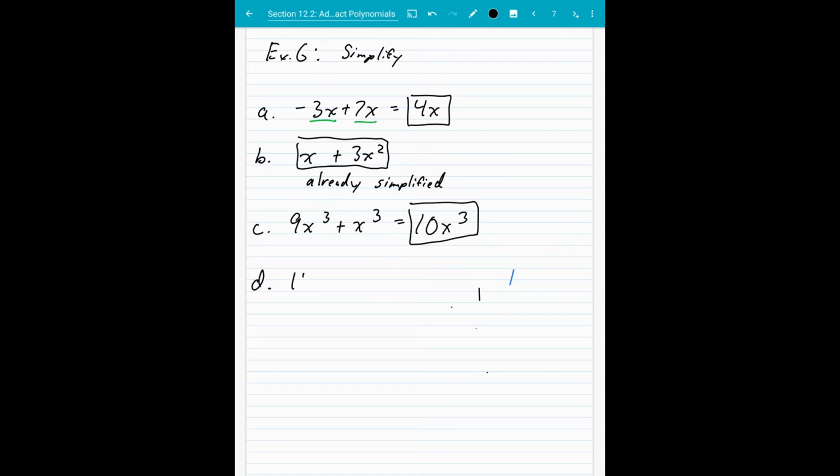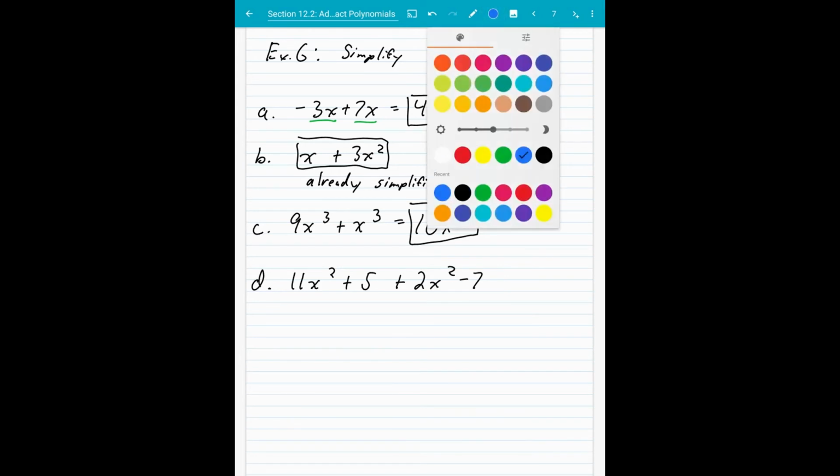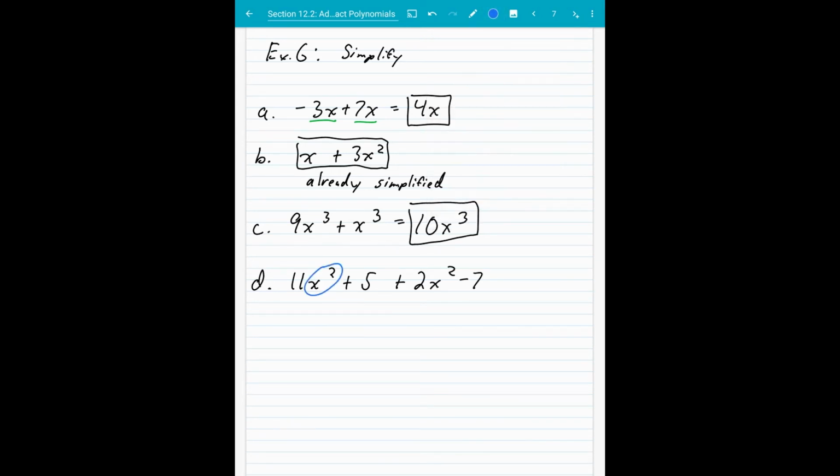D, 11x squared plus 5 plus 2x squared minus 7. Go ahead and erase some of these marks. It's from my hand. Now, this is a big old one, a long problem. We need to look for like terms in the entire polynomial. So if I look here, I want to look for other x squareds, and I see another x squared here.